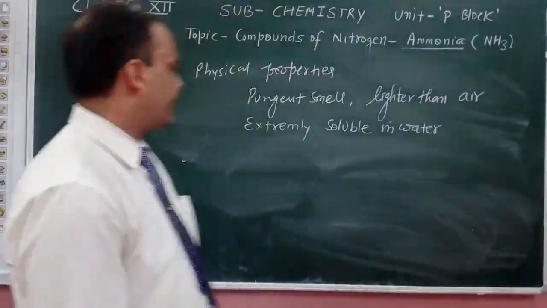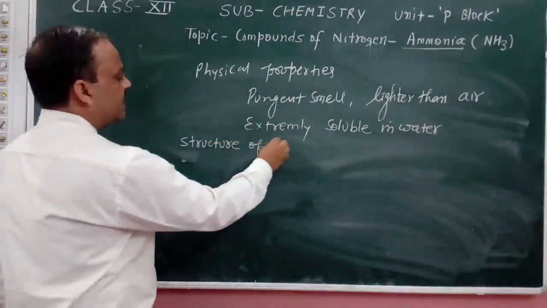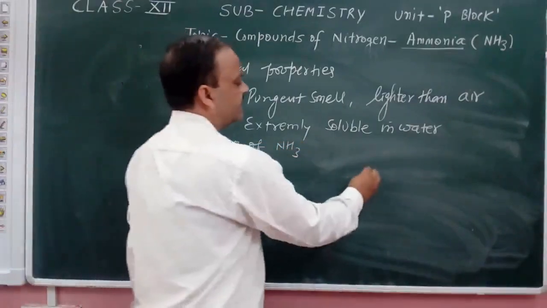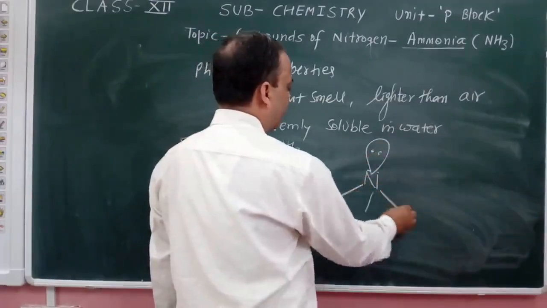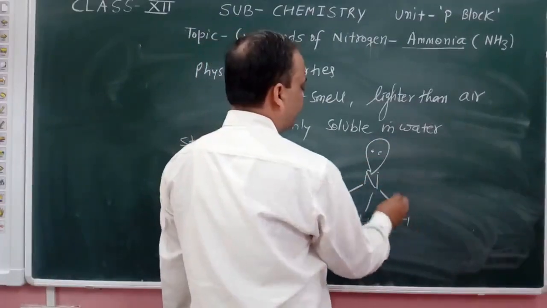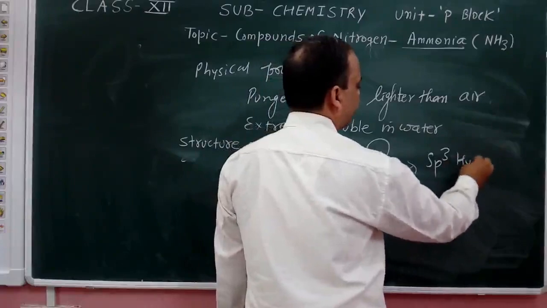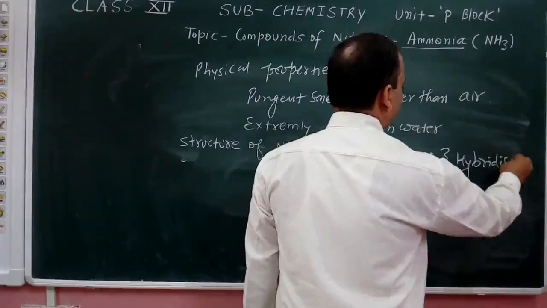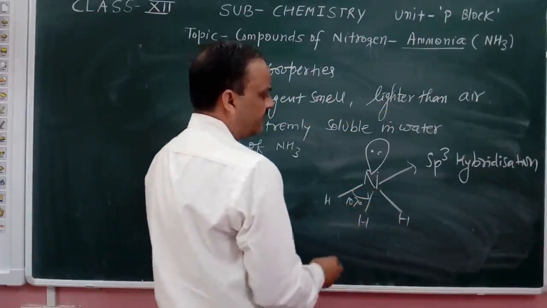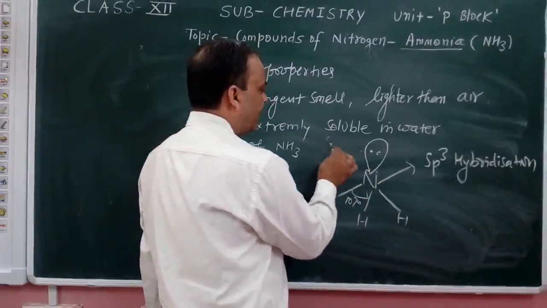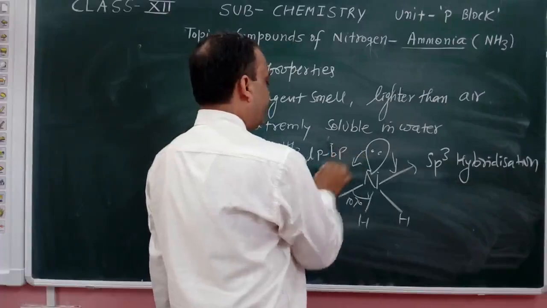Structure of ammonia. When we discuss the structure of ammonia, nitrogen is the central atom, and sp3 hybridization is present on the central nitrogen atom. The bond angle is 107 degrees, and lone pair-bond pair (LP-BP) repulsion is present.